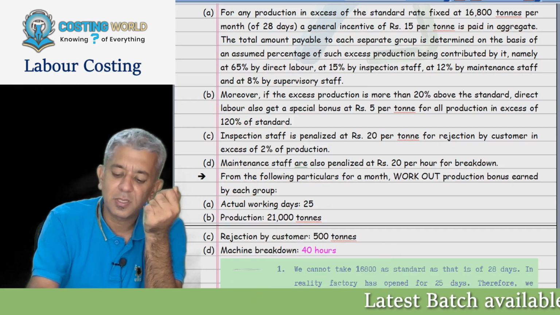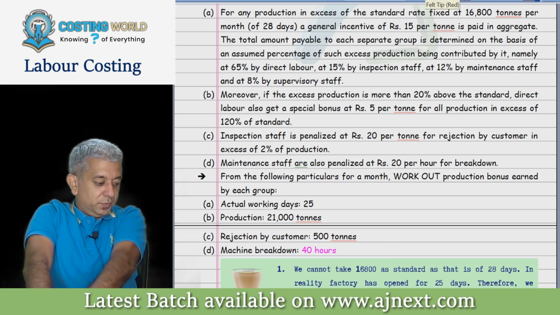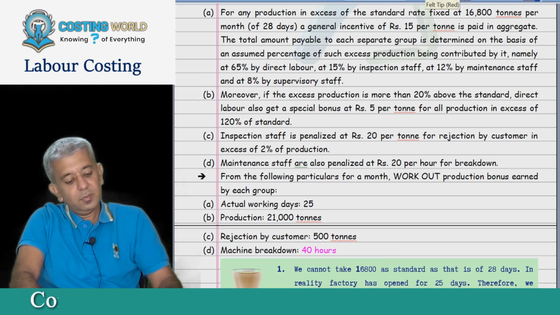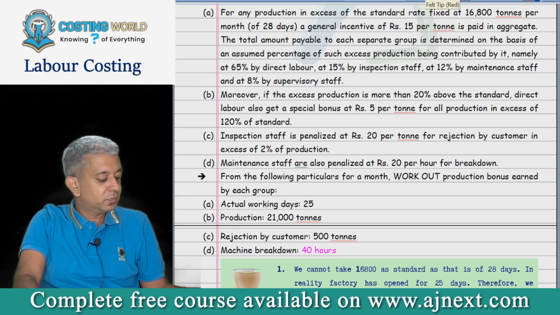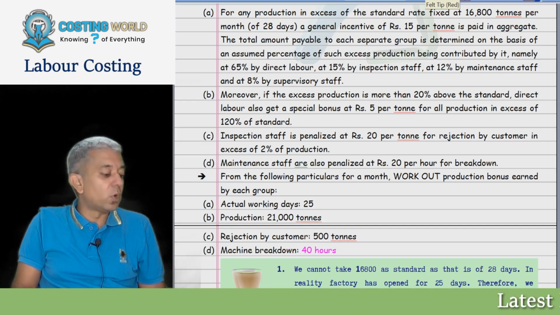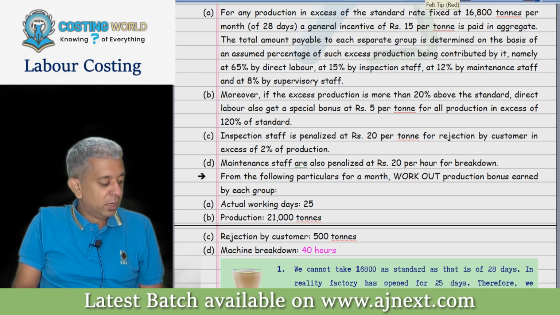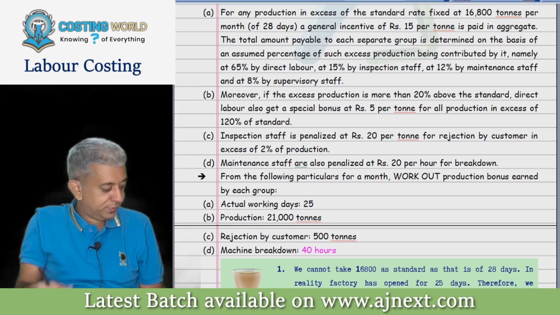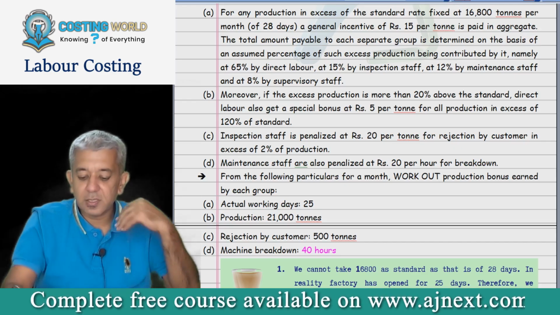Give a heading, please. Calculation of bonus for each separate group.